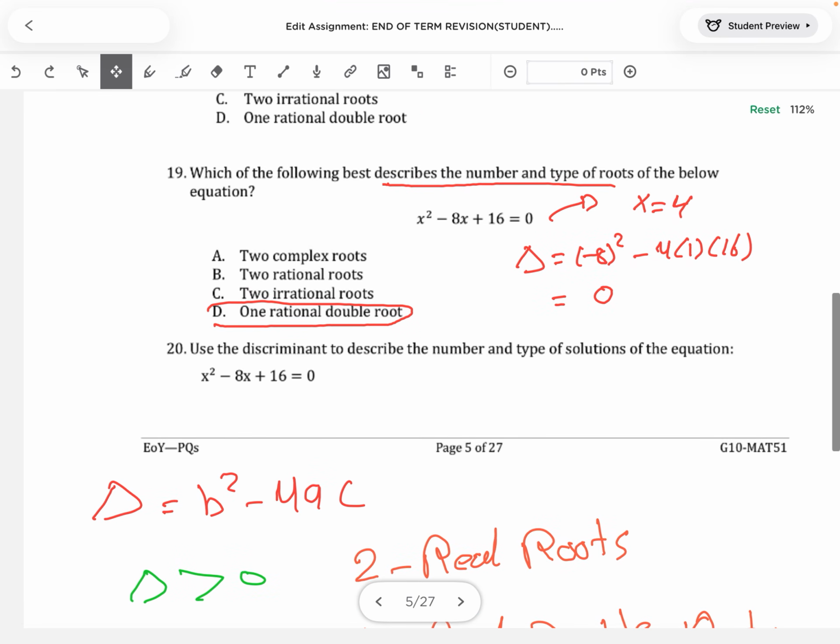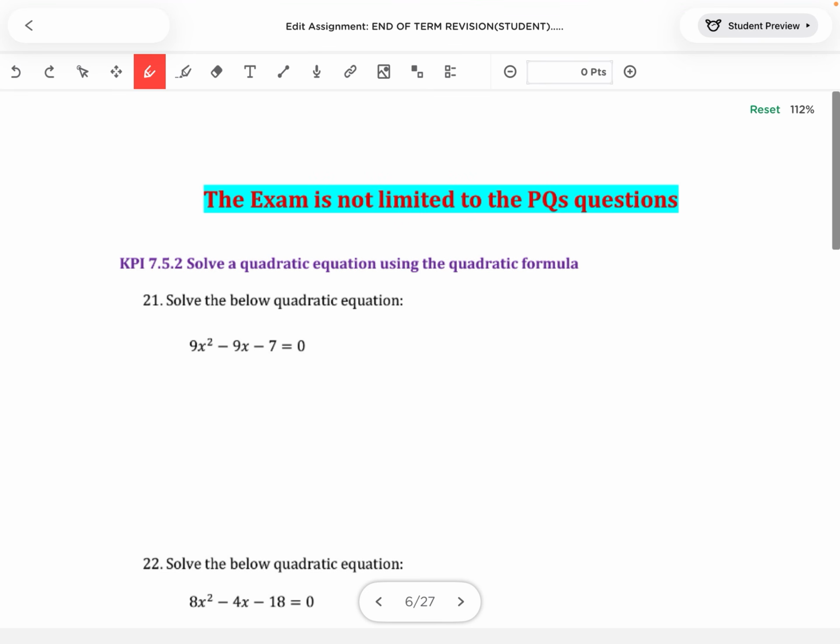Question number 20 is similar to question number 19, they repeat. Solve the equation by using the quadratic formula. I assume this rule is given in the formula sheet. All over 2a.